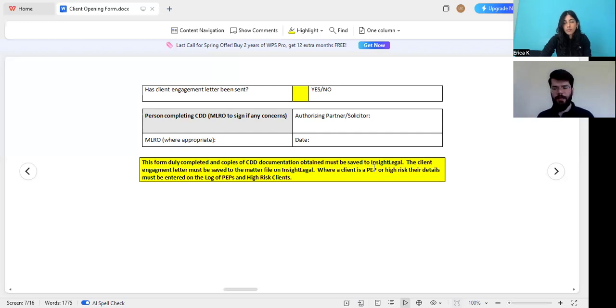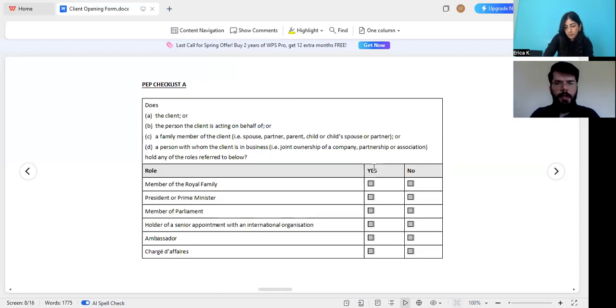Then they can identify that, oh, this person had instructed us in 2025 and now it's 2027 and this person has come back to us. So they can then identify that, no, we cannot either act for this person, or if circumstances have changed, then they need to do an enhanced due diligence.